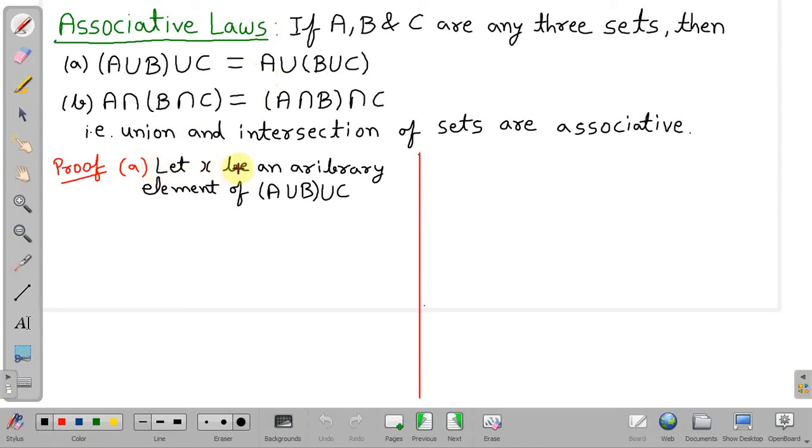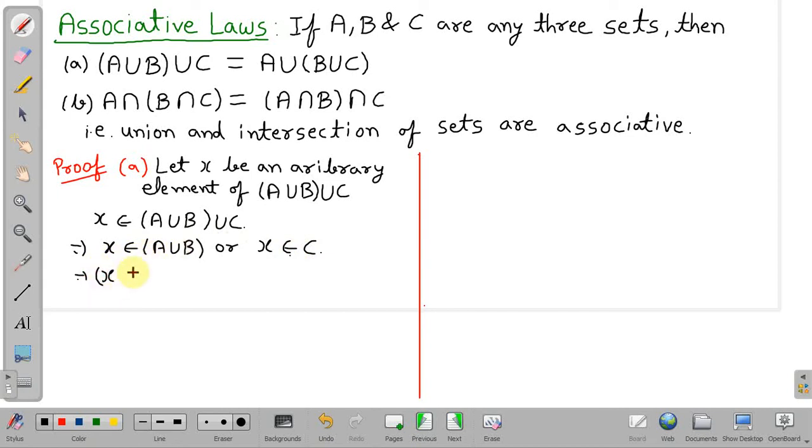Okay. So what we will do? Suppose x is any element of (A union B) union C. So we can write x is an element of (A union B) union C. Union means or. So please remember, union means or and intersection means and. So we can write it as x is an element of A union B, or x is an element of set C. Again we can break this one.